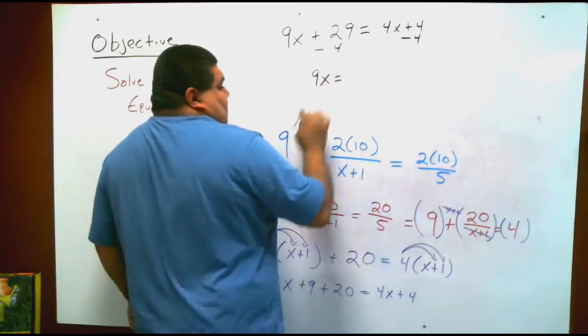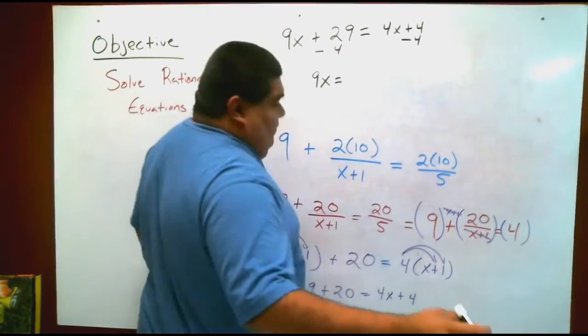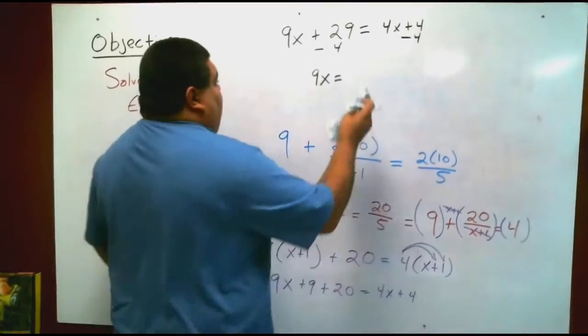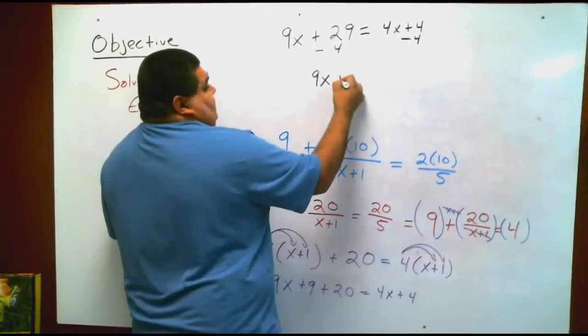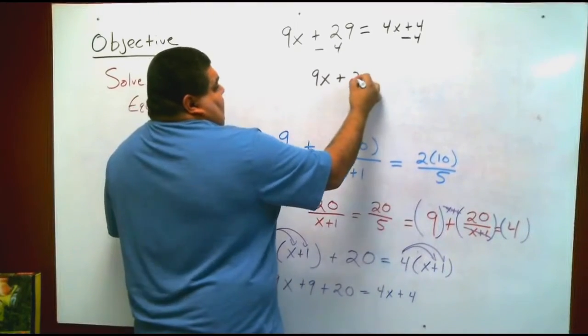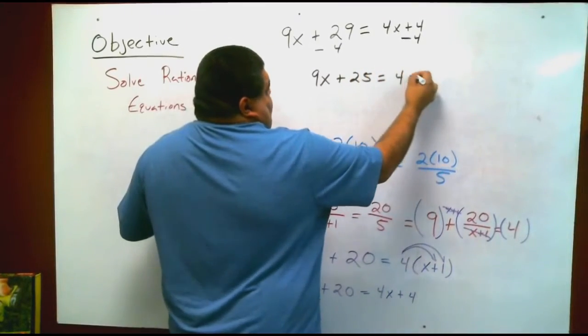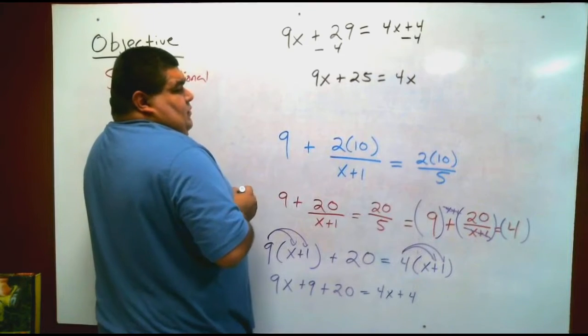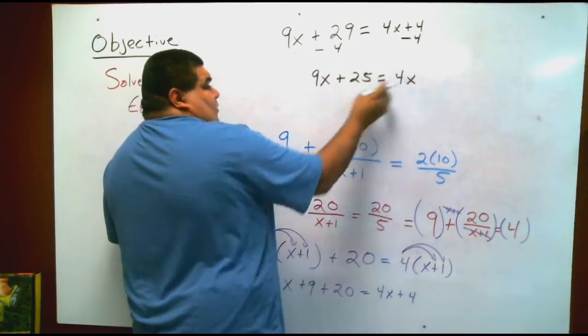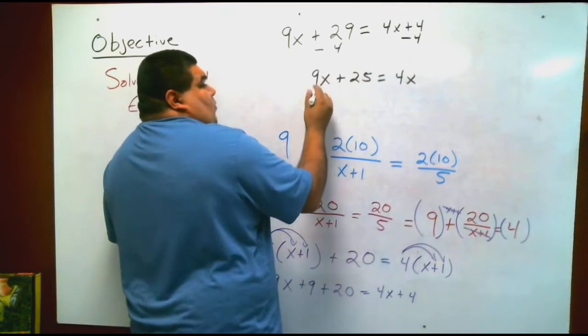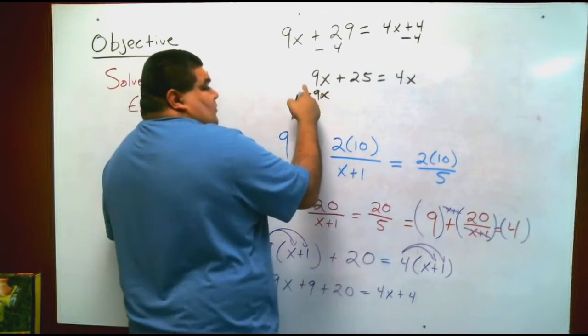So we're left with 9x plus 25 equals 4x. Since we cannot move the 25 because there's a variable over here, but there's a variable on both sides, we're going to move minus 9x because it was positive.